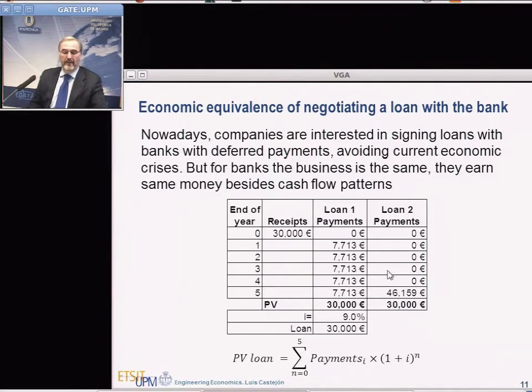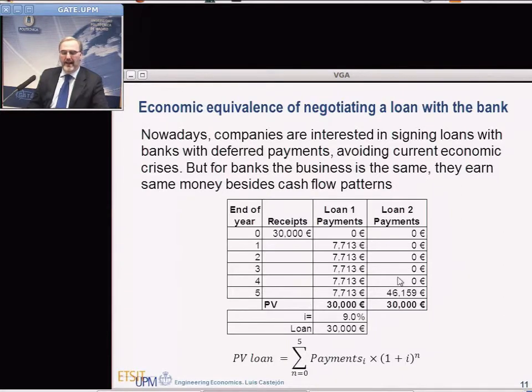I hope to have money in that future year, and I want to defer the payments of the next 4 years to the end of the loan and pay all the amount in the future. I hope my economic situation will improve. So how much money will the bank ask? They will ask 46,159 euros.